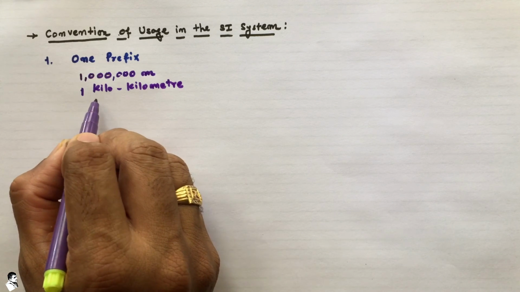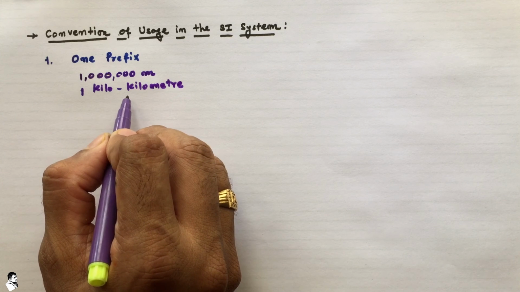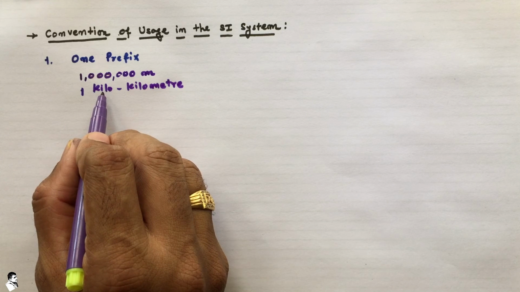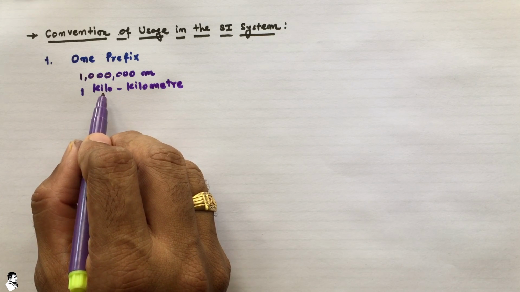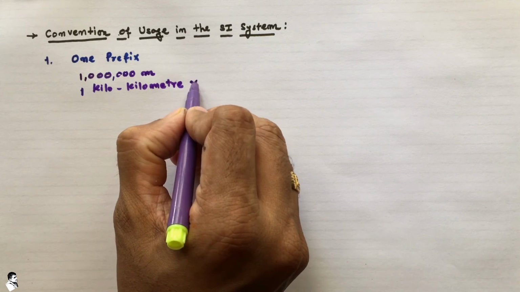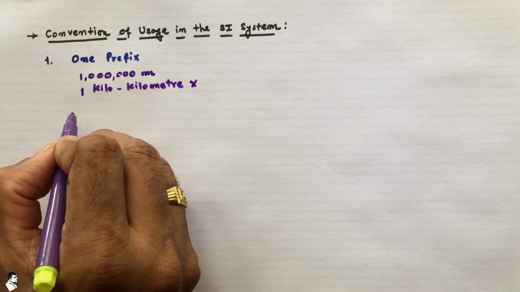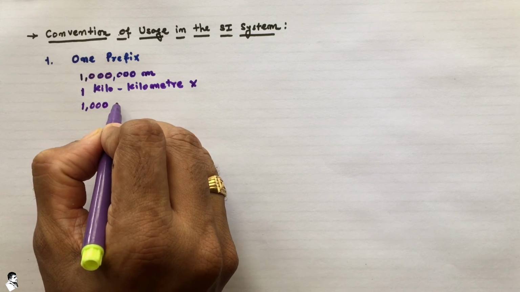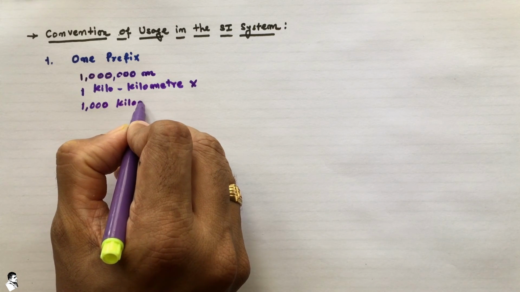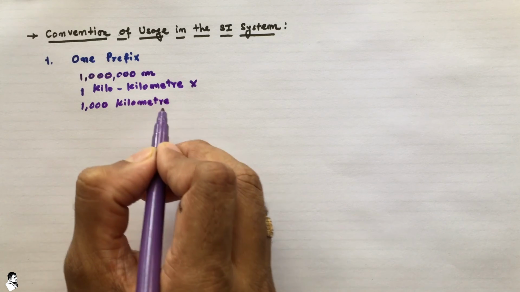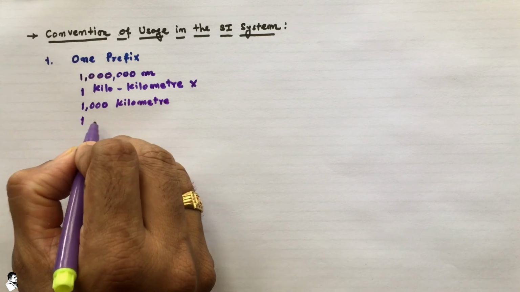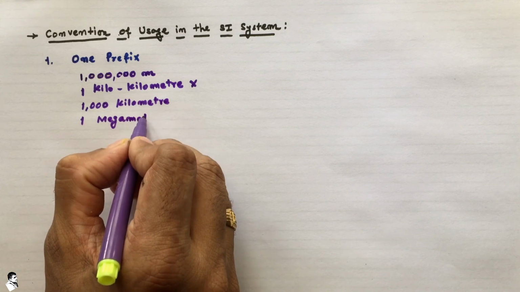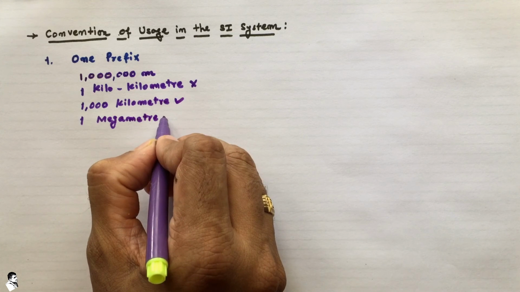It is not a proper prefix to use, because one prefix is already available, so we cannot again apply a second prefix. So this is not a proper pattern. You can write 1000 kilometer, or you can write 1 megameter. So these two are allowed.